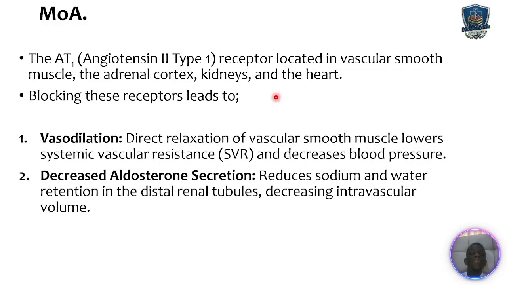Apart from that, it may also lead to decreased aldosterone secretion, which reduces sodium and water retention in the distal tubules, decreasing intravascular volume. Also, when you decrease this aldosterone secretion, apart from decreasing sodium retention, you are also going to promote the retention of potassium. So that's something that you have to note.